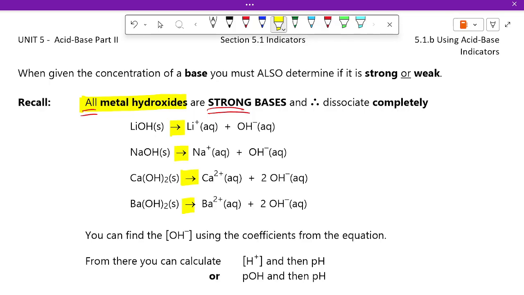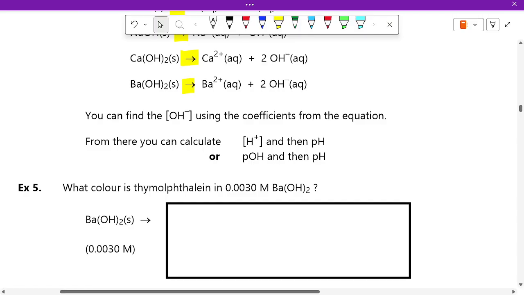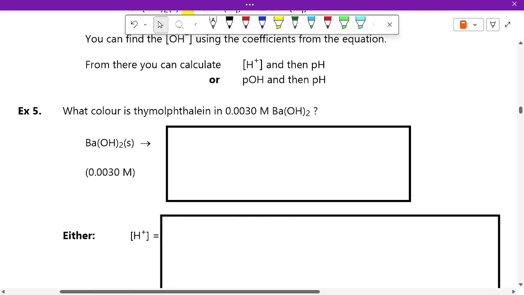So you can just find hydroxide using the coefficients from the equation. From there you can calculate H and then pH, or you can go to pOH and then pH. What color is thymolphthalein in 0.0030 molar barium hydroxide? Please carry on and do that one.